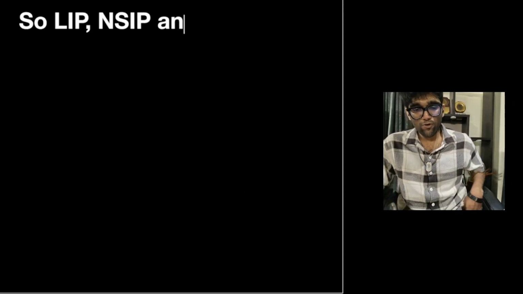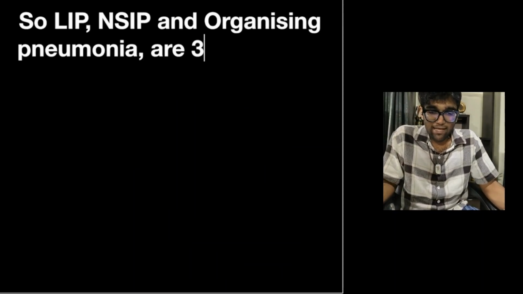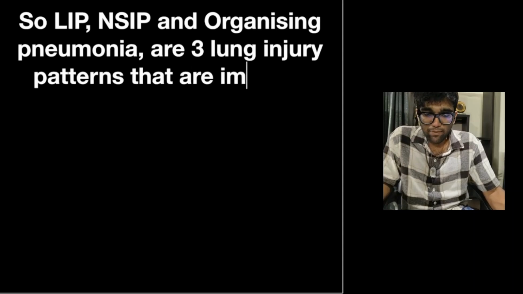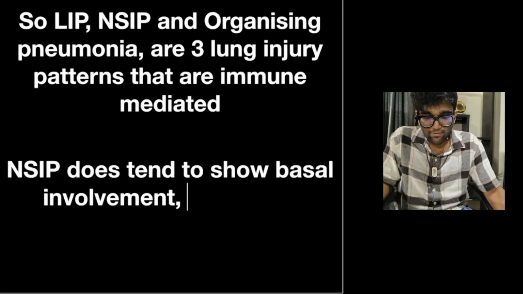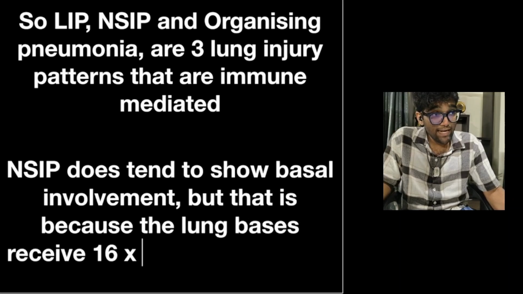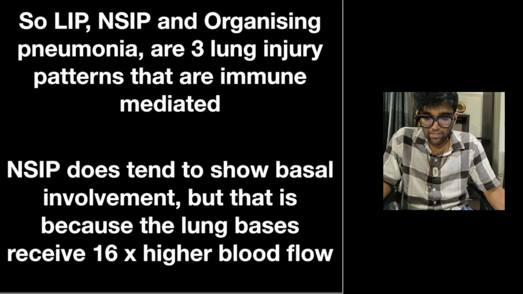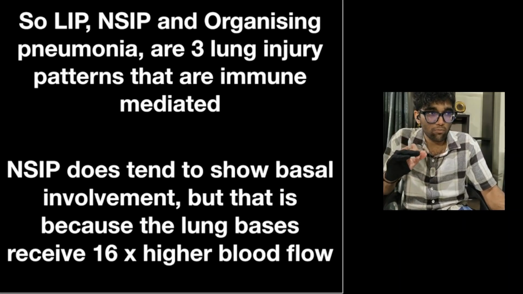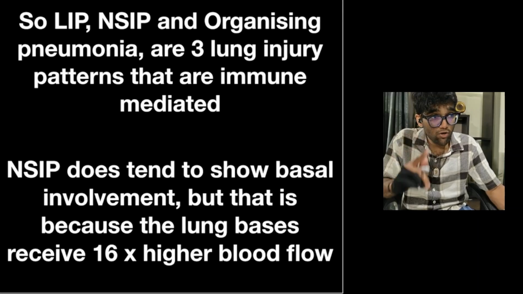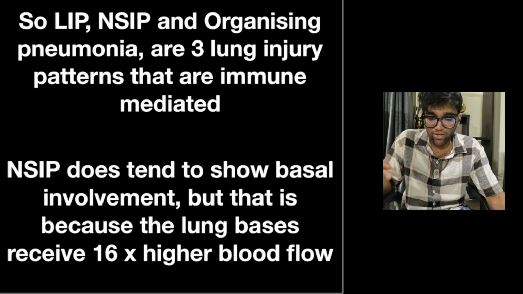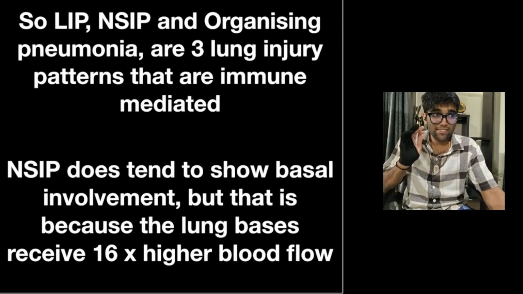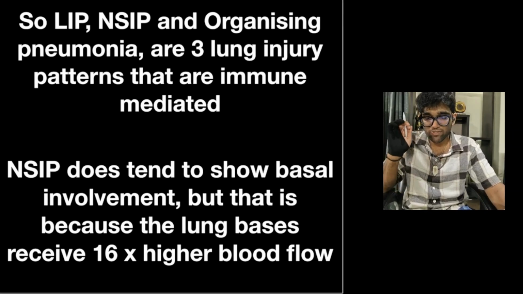LIP, NSIP, and organizing pneumonia are three immunologically mediated lung injury patterns, and NSIP and even organizing pneumonia to some extent can show a basal predominance, because immunological cells come via blood flow, and blood flow to the base of the lung is 16 times that to the apex of the lung on average.